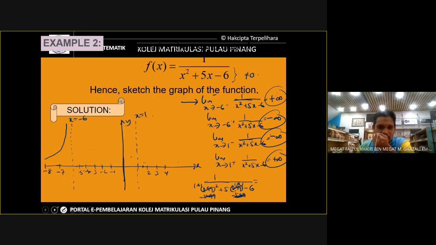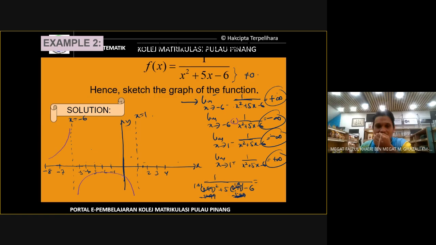Okay, sketch the graph with different colors of ink here. When x approaching to negative 6 from right, it is negative infinity. Might be graph with something like this and this.